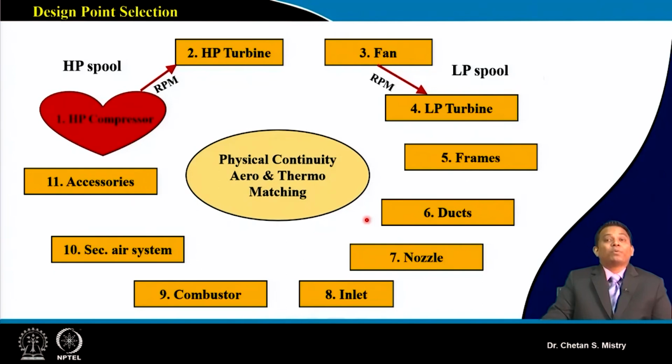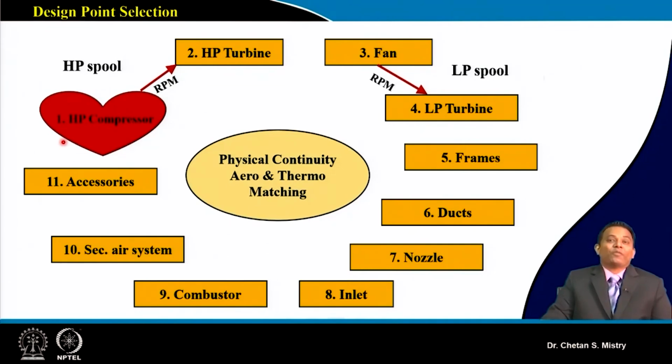Now what needs to be the pressure rise expected from the HP spool or HP compressor is also very important. How many stages we will select is also equally important. When we do our design for the HP compressor, it gives us an idea about what my rotational speed needs to be.